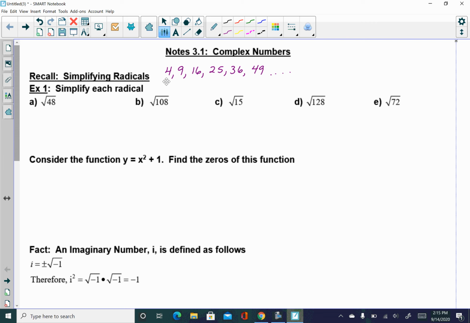I'm generating this list for myself. 2 squared is 4, 3 squared is 9, 4 squared 16, 5 squared, 6 squared, 7 squared, and so on. I could continue: 10 squared is 100, 11 squared is 121, and so on.